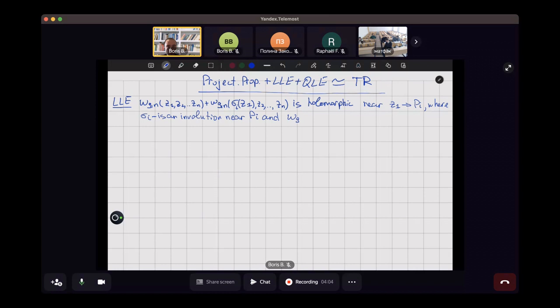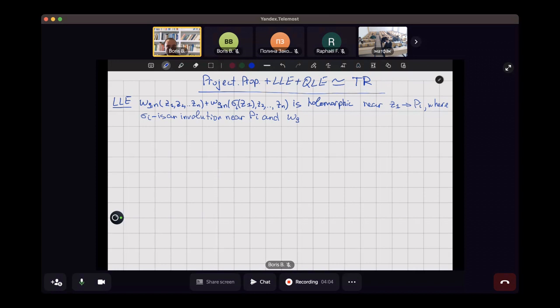In fact, the meaning of the projection property, which we will also discuss later, is that omega g,n of z has poles only in p1 etc. pn.